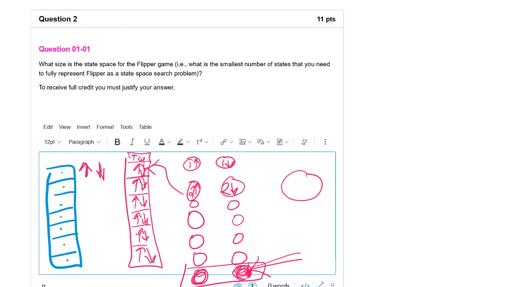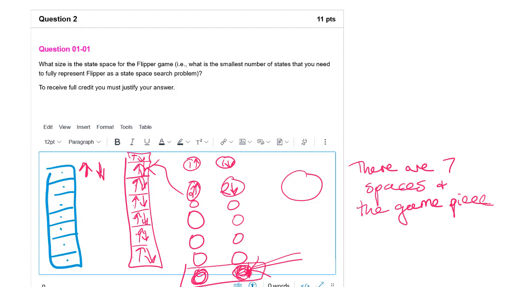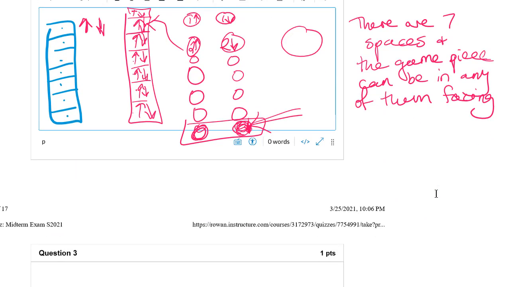The actual words I was expecting from someone would be something like: there are 7 positions, or 7 spaces, and the game piece can be in any of them facing up or down.